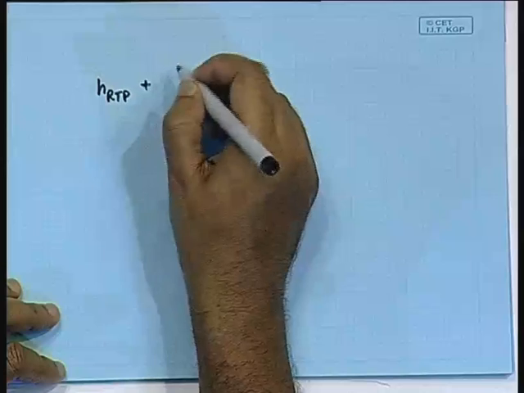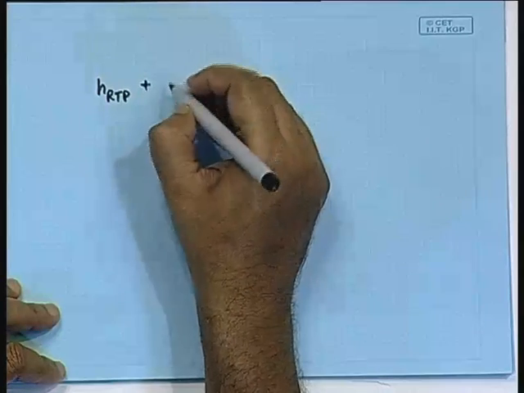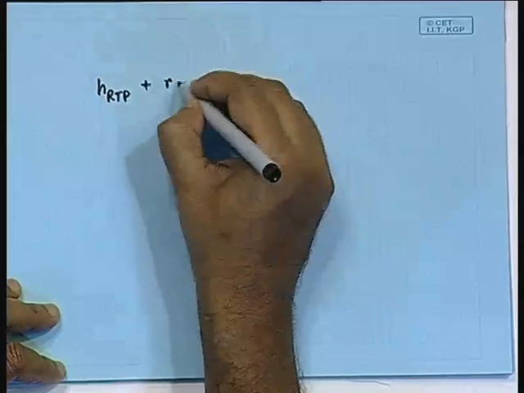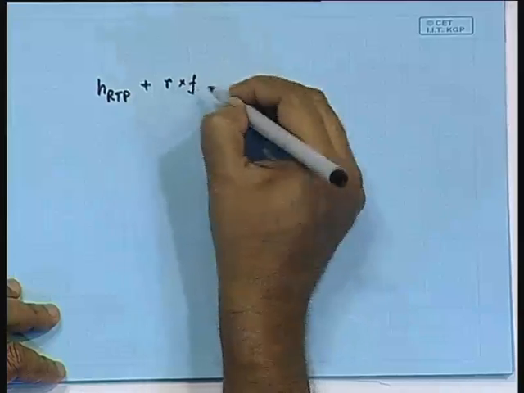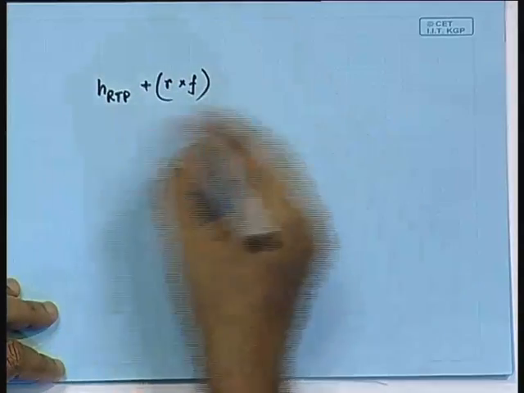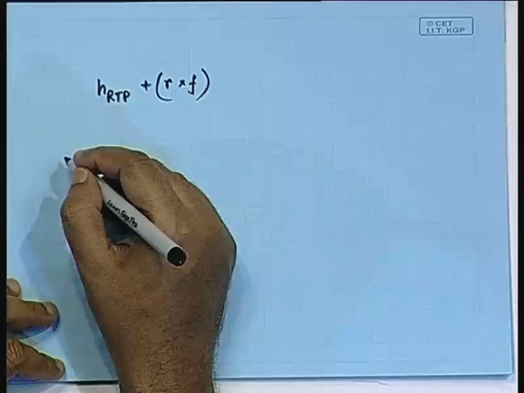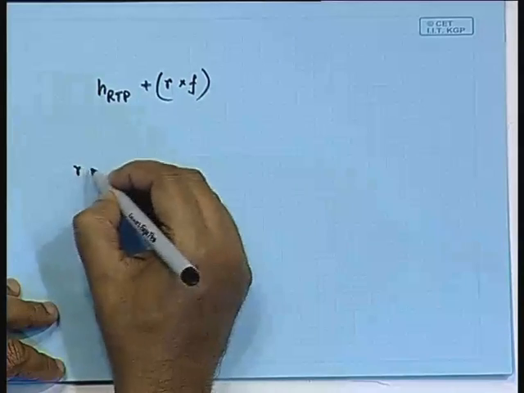What it means is that we have H.RTP, the RTP header size, plus, let us say R is the audio frame to packet ratio, R into F, because in this case we cannot have the audio frame to packet ratio equal to unity.